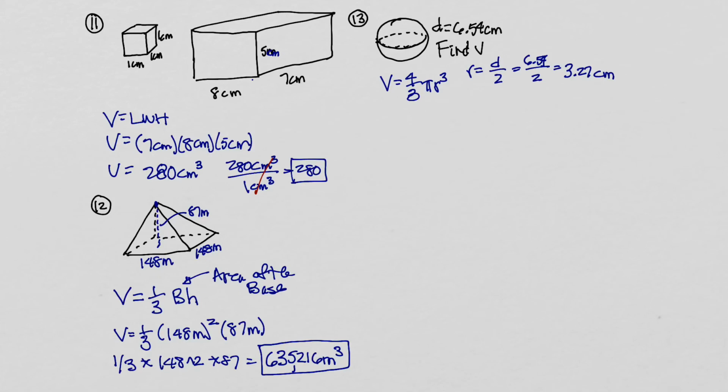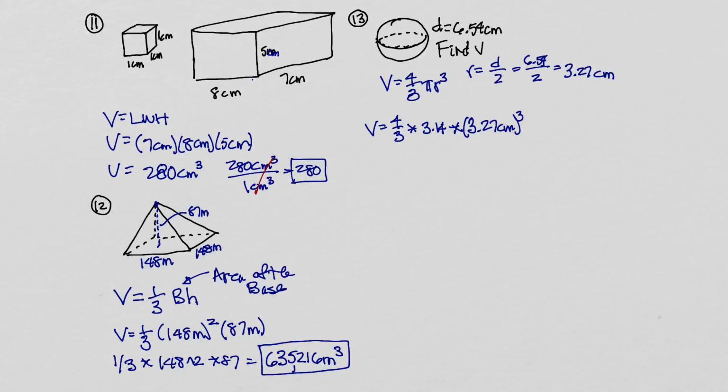So let's substitute now. We're going to get the volume is equal to 4/3 times 3.14, that's our approximation for pi, times 3.27 centimeters cubed.